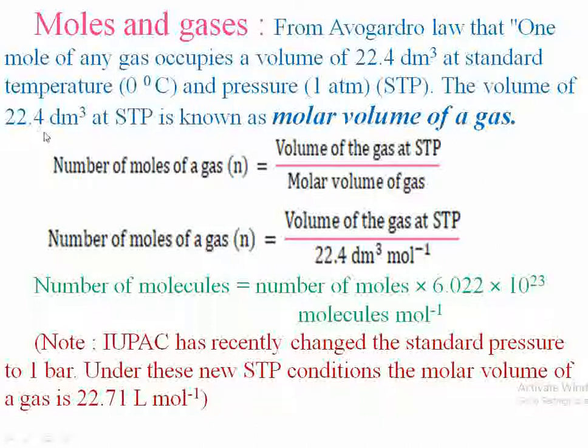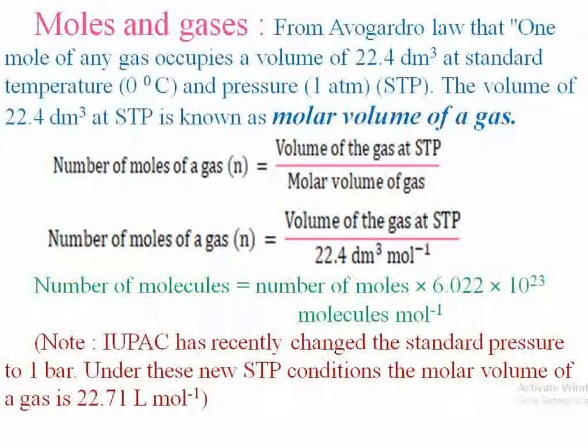The volume of 22.4 dm³ at STP is known as the molar volume of the gas.